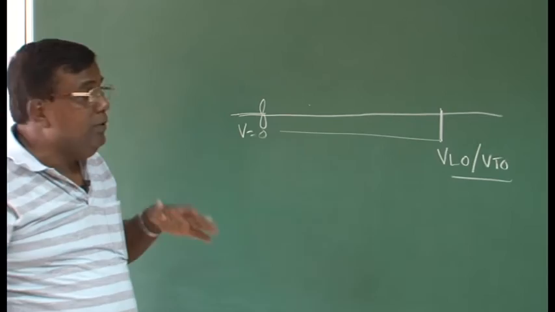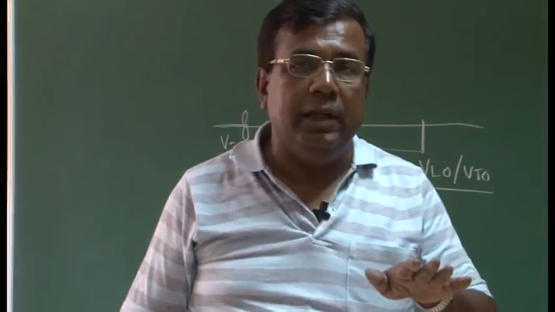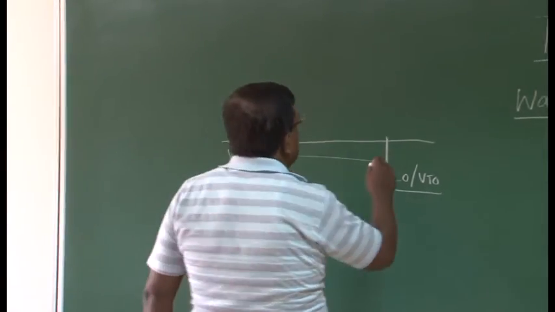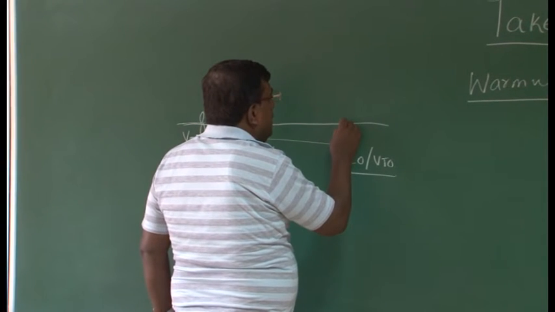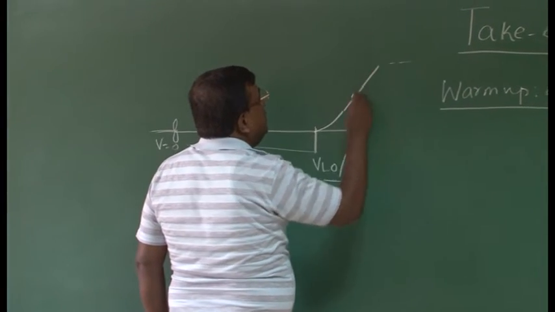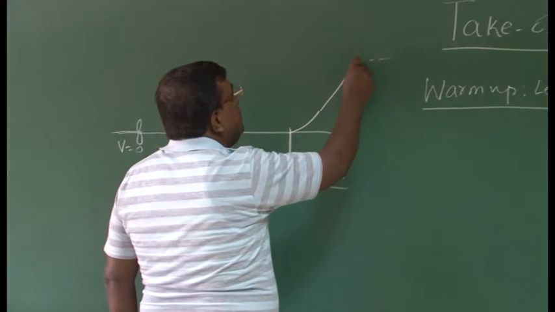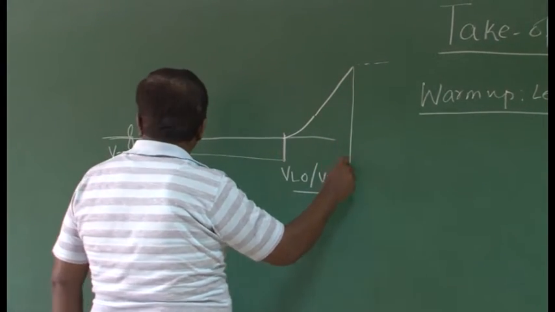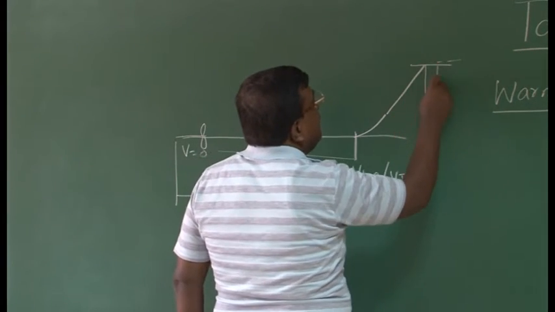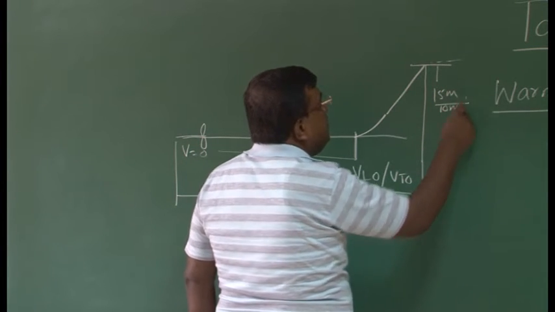That is the speed at which I should be able to generate enough lift by rotating the airplane by a small angle, and I should be able to climb. That is, I come here, I rotate the airplane and then climb and then do whatever I want to do. Theoretically speaking, takeoff distance is defined as from the start to a point where the airplane has cleared 15 meters or 10 meters depending upon the type of airplane.